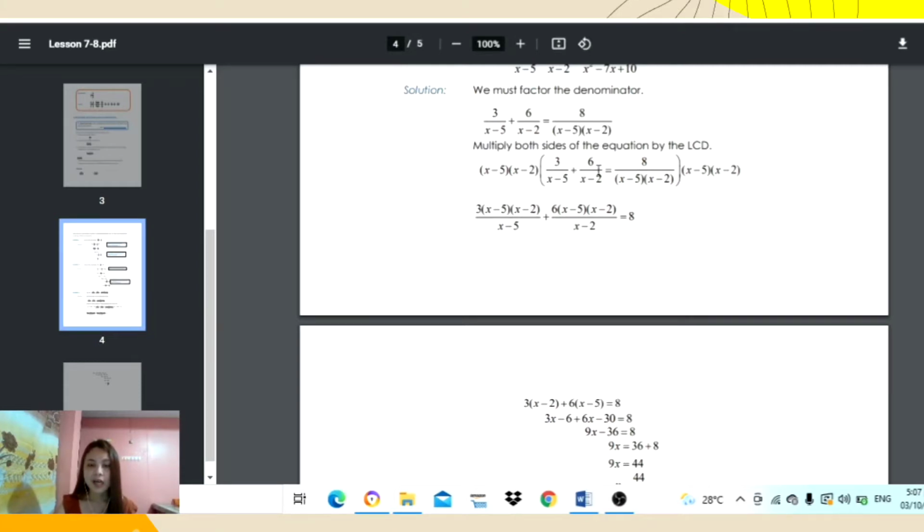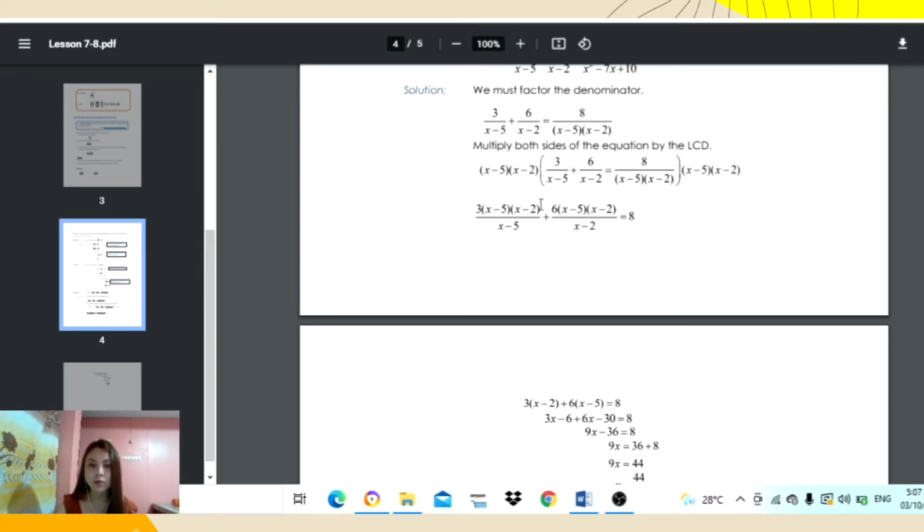So we multiply both sides by our LCD. Now, this one times 3, so that's just equal to 3 and then times our LCD.